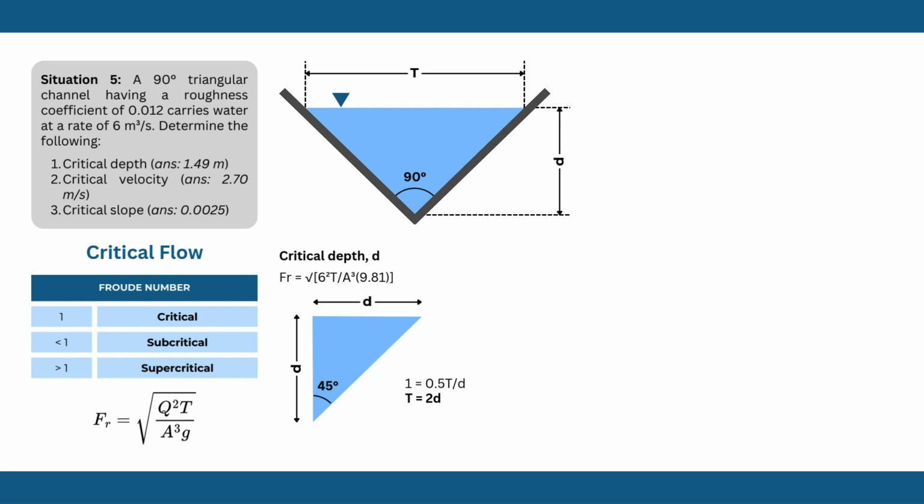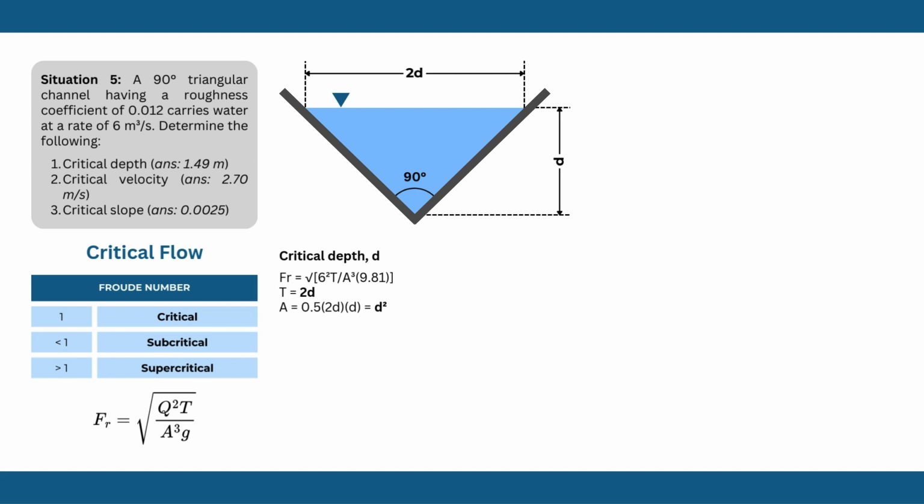Moving on to determining the area in terms of D naman. Alam natin na ang area ng triangle is equal to 1/2 base times height. So if ipa-plug natin si top width as the base, then yung height naman natin is yung depth ng channel, we would be able to express the area as 1/2 times 2D times D equal to the square of D, or D squared.